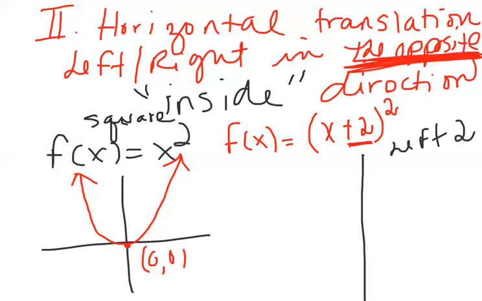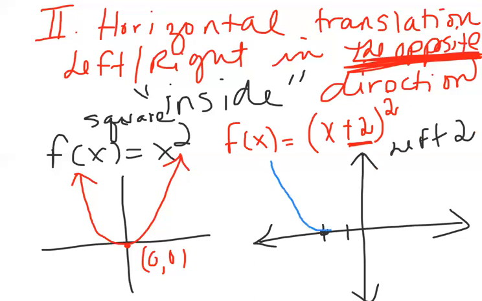So when you go to graph this one, you're going to move left 2 units, 1, 2, plot your coordinate point, and then sketch the graph, guys. And by the way, it's the same shape. The only difference is you're shifting the graph 2 units to the left, right here. So then the vertex is no longer at 0, 0. It's now at -2, 0.